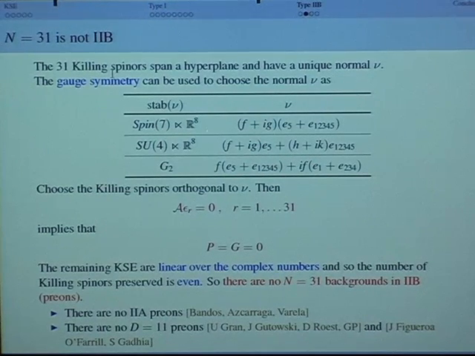Now, choosing this normal, one takes the Killing spinors orthogonal to that normal and substitutes in the algebraic Killing spinor equation. Then after a bit of work, one realizes that the 1-form and the 3-form field strengths vanish. If this happens, then the remaining Killing spinor equations become linear over the complex numbers, and they always admit an even number of supersymmetries. So N equals 31 implies N equals 32, and there are no backgrounds with 31 supersymmetries.